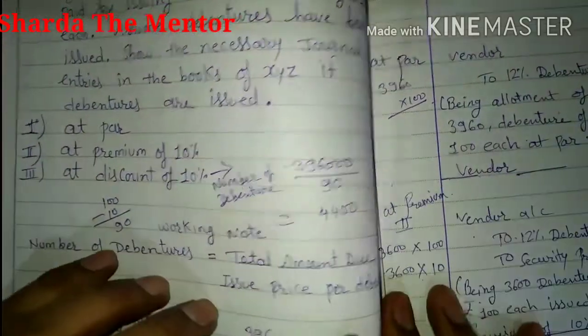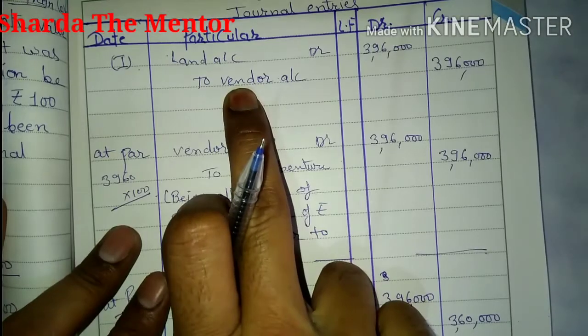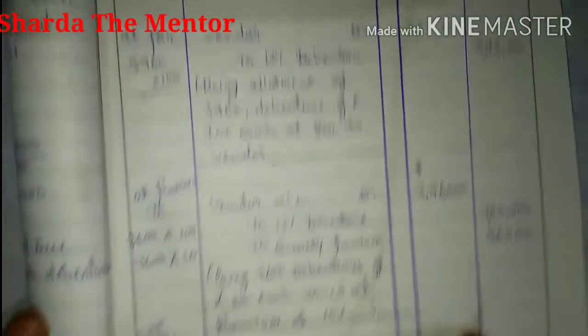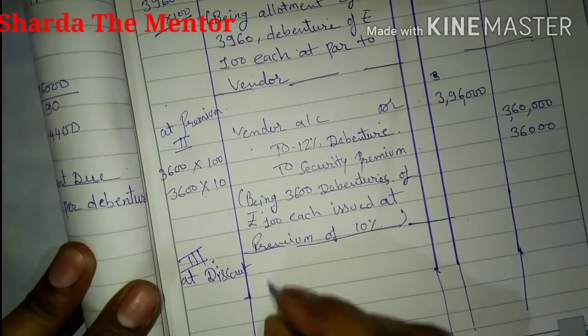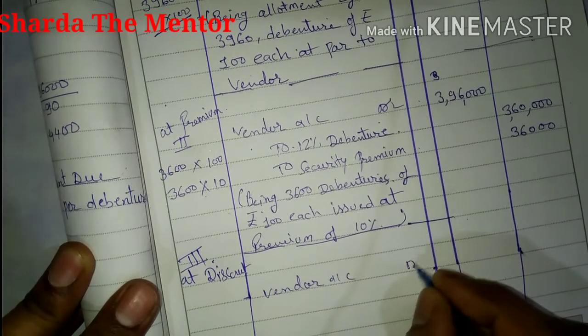So in the third condition, if we issued debenture at discount, in that case the first entry will remain the same. It means in the question we will pass the first entry, land account debit to vendor account, and after that if we are issuing, that will be vendor account debit.